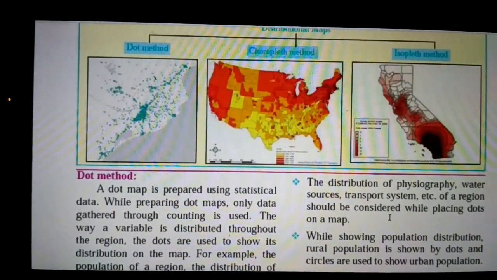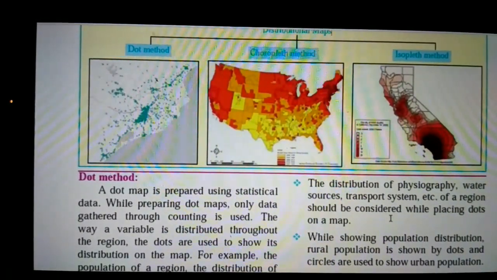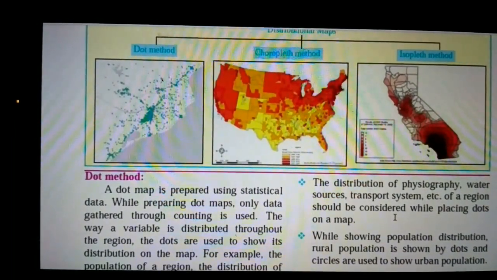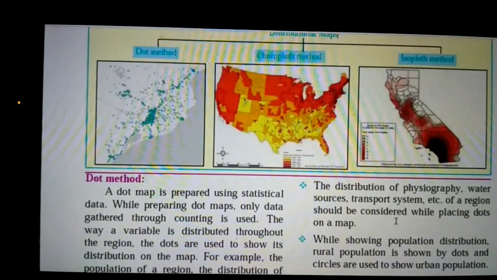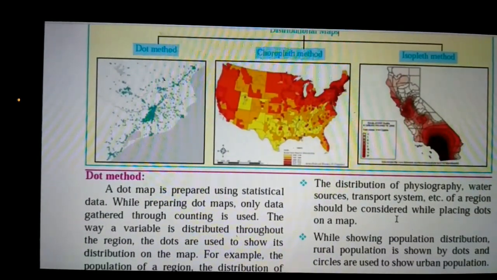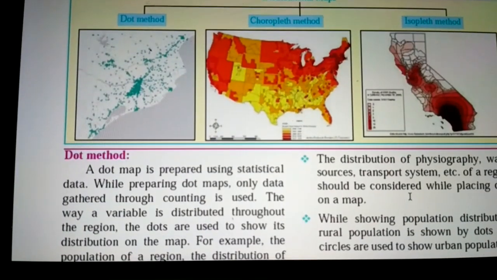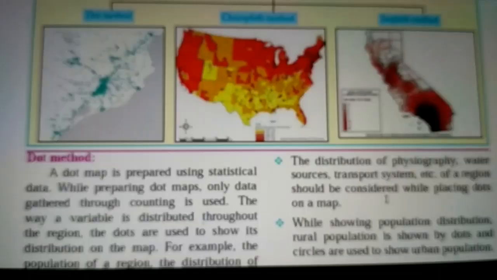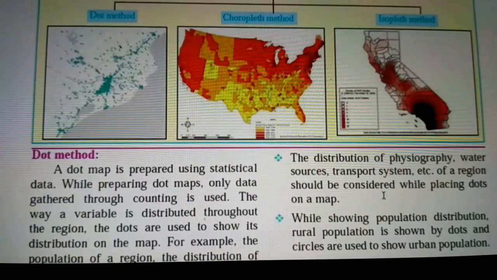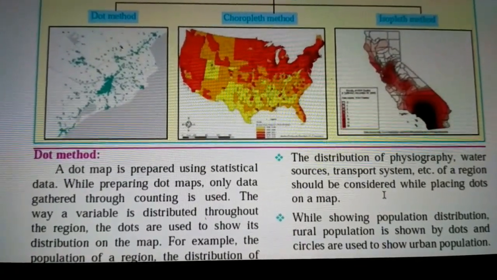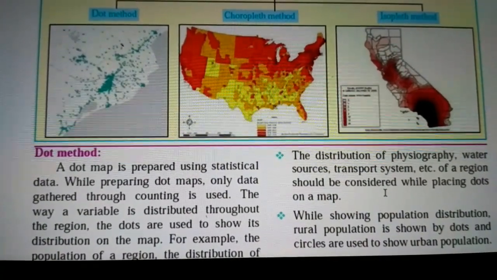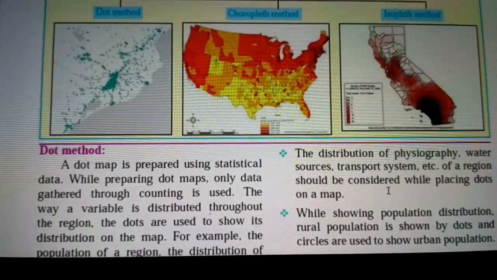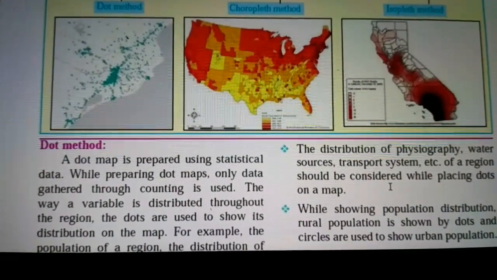Number three, while showing population distribution, rural population is shown by dots and circles are used to show urban population. The dot method is most suitable for a variable which is freely scattered across the region.